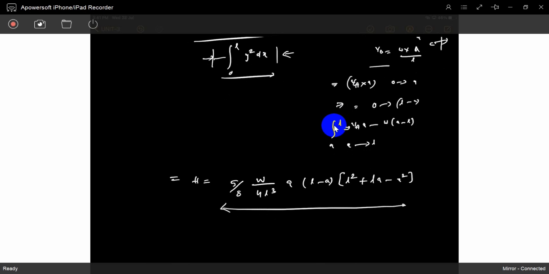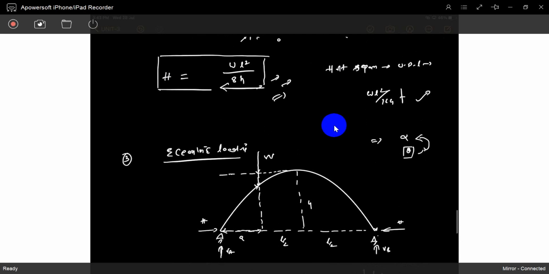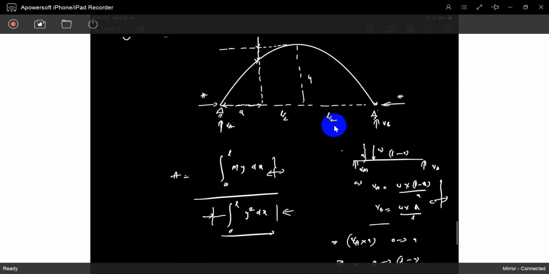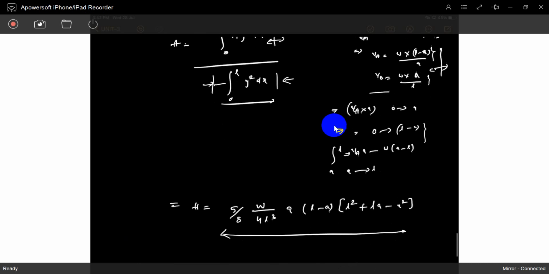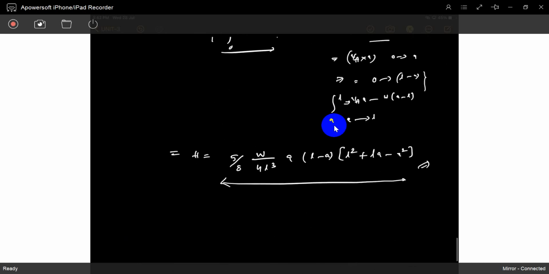But if someone gives directly some value of W, it is easier to do the integration. If you know the value, it is very easy. Okay, these are the H values.